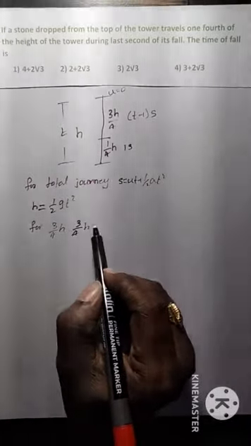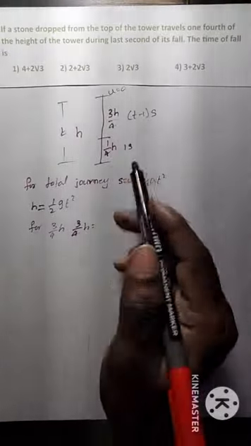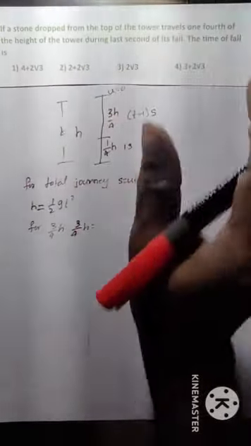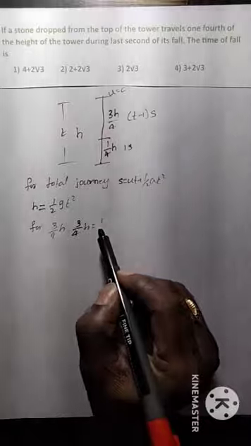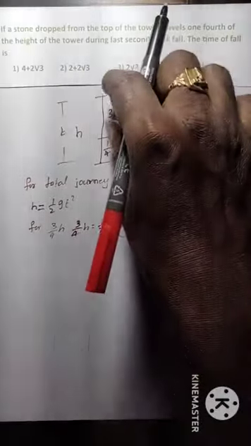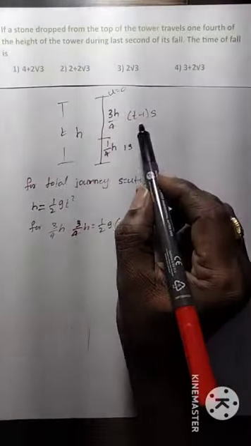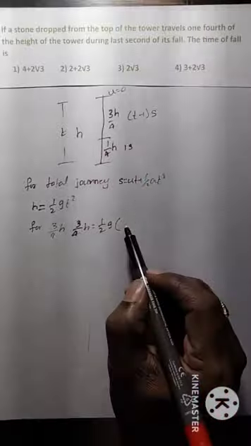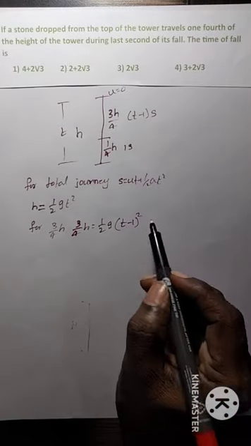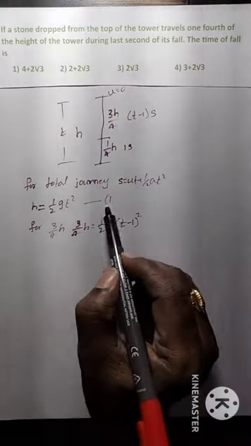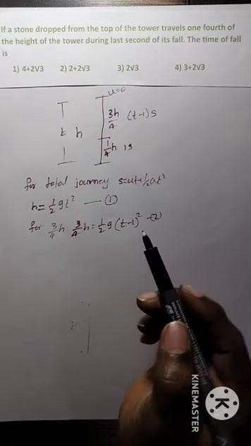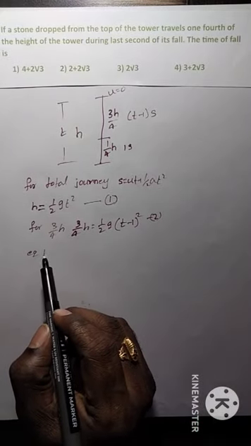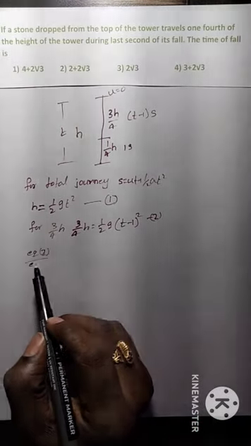3/4 of height is equal to 0 into t. For this 3/4 of height also the initial velocity is 0 only. So half g. What is the time taken for 3/4 of the height? It is t minus 1 second whole square. So this is equation 1, and this is equation 2. Divide equation 2 by equation 1.